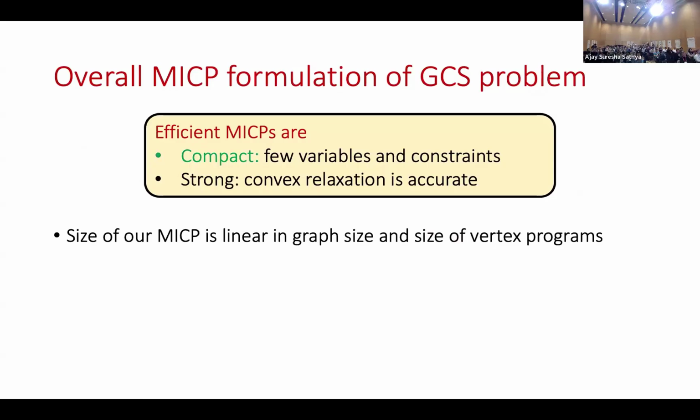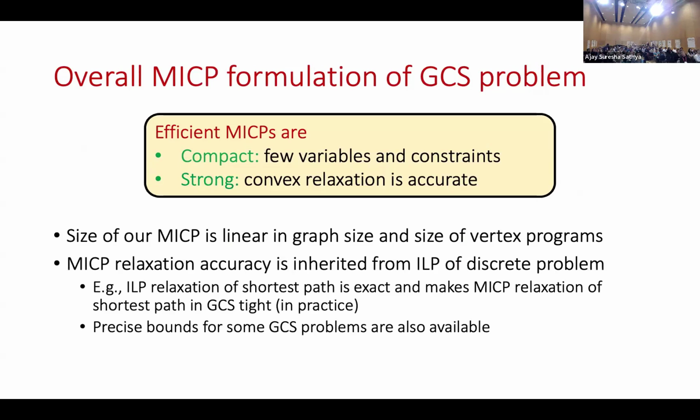Well, the size of our mixed integer program is linear in the size of the graph and the convex programs of the vertices. So that's essentially as good as it gets. And the mixed integer programs also have a tight convex relaxation in practice. Again, these are NP-hard problems, so we cannot expect the convex relaxation to always be exact.